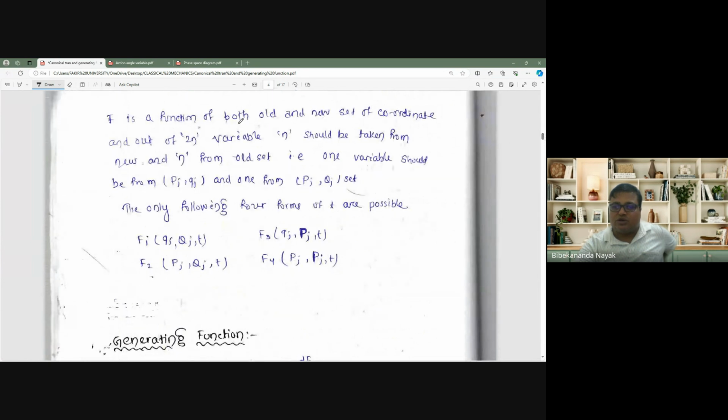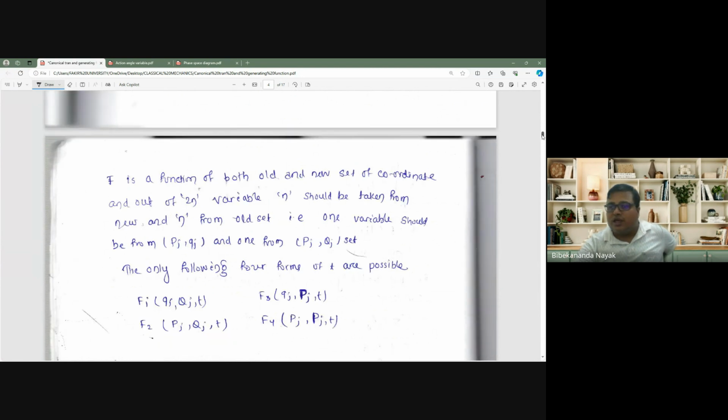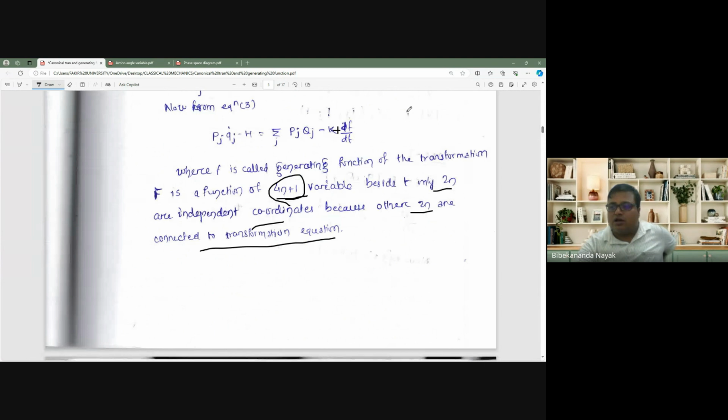If f is a function of both old and new coordinates, then f is a function of 2n plus 1 variables. 2n are known from the transformation equations. Of the other 2n plus 1 variables, if we remove t, then only 2n variables remain. So f is a function of those 2n variables.